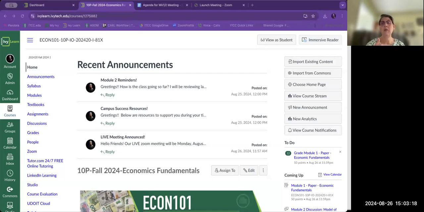We make decisions very fast. So we're going to ask you to slow down your thinking and really look at just the relationship between price and quantity demanded. When I say that there's an inverse relationship, what does that mean to you? Well, inverse meaning they go in opposite directions.